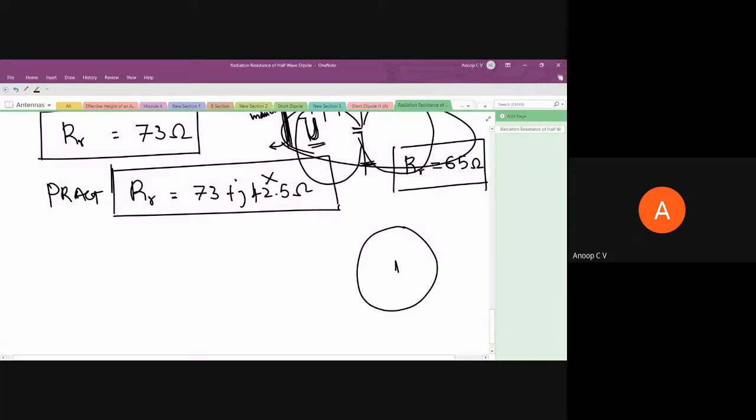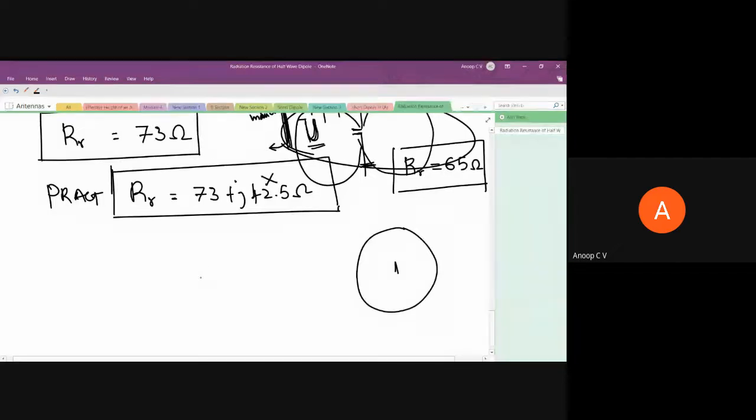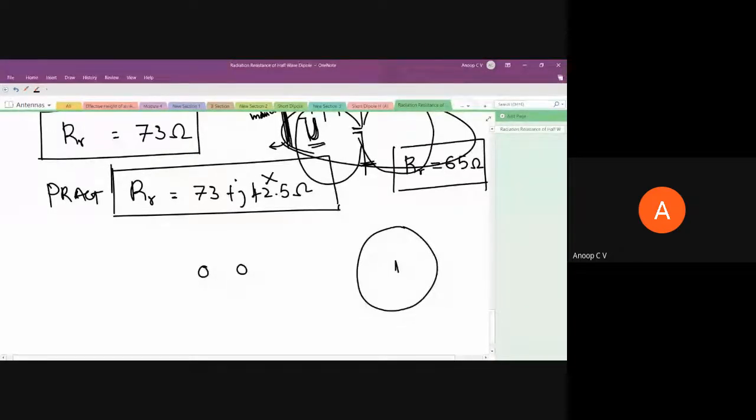If you replace isotropic antennas with such practical antennas, how do we find the actual radiation pattern? That is given by the principle of pattern multiplication: you multiply the array factor of the array of isotropic antennas with the individual pattern of the non-isotropic antenna.